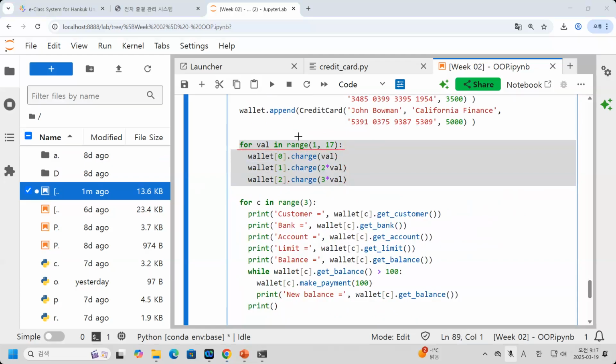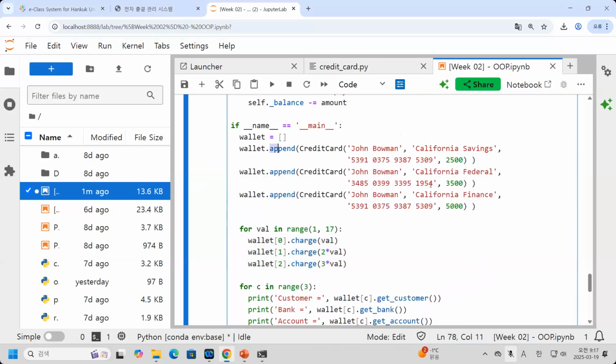Look, now we have wallet zero. So wallet zero, as you know, we have three credit cards. Then the wallet zero, it refers to the first object, which is the first credit card. The wallet one, it refers to the second credit card. The wallet two refers to the third credit card.